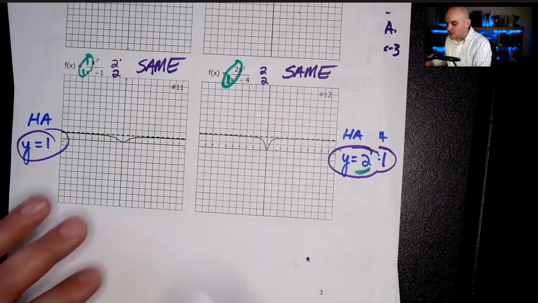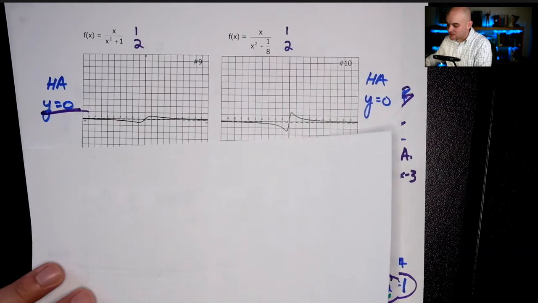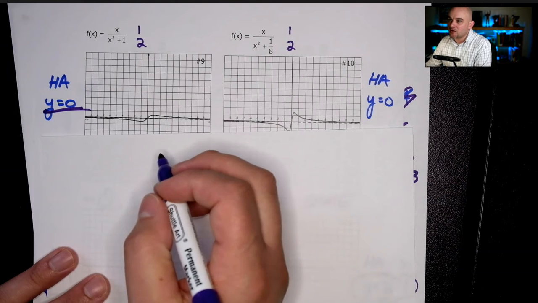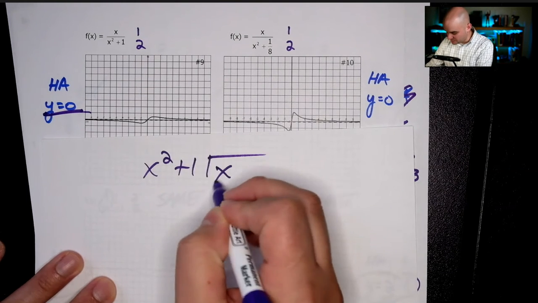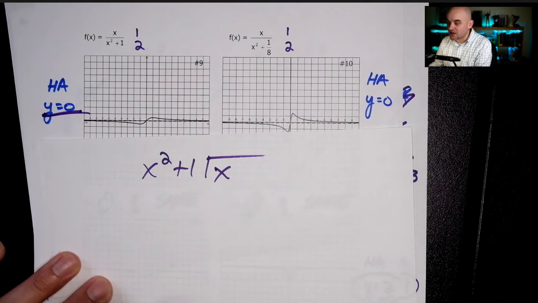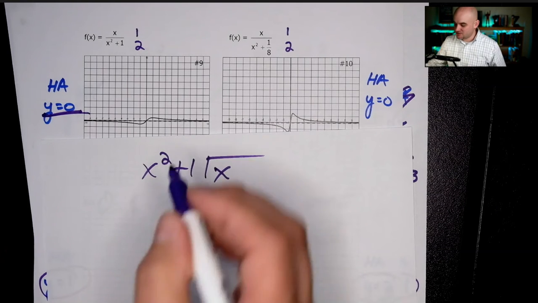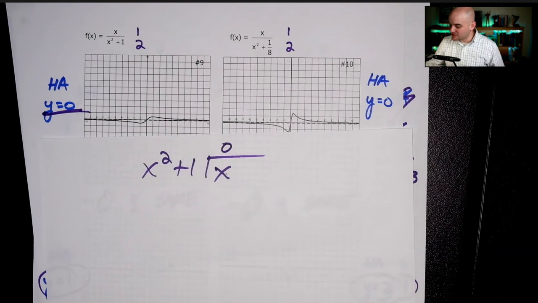Look at one where the horizontal asymptote was 0, like number 9 up here. If I were to look at this and say, okay, how many times does x squared plus 1 go into x? X squared goes into x 0 times. It goes in 0 times, and this is my remainder, the x. So the equation is y equals 0. We're doing that on those rules we learned in the last episode.